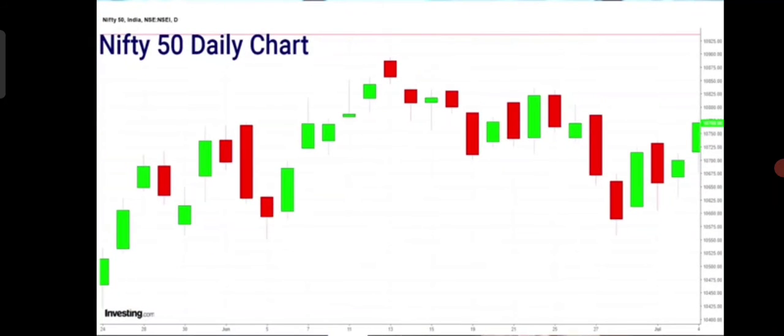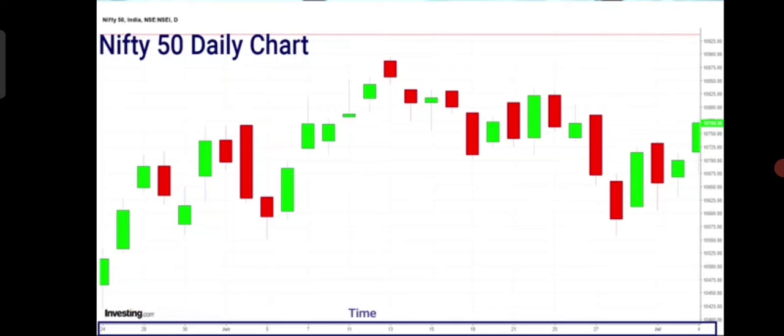Now let us look at the chart here. Here we are looking at the Nifty chart, and we can see that in this daily chart of Nifty, the x-axis is the time. So one unit in the x-axis represents each day. Over a period of time, each day's price action is represented in the form of candlesticks in the chart here.